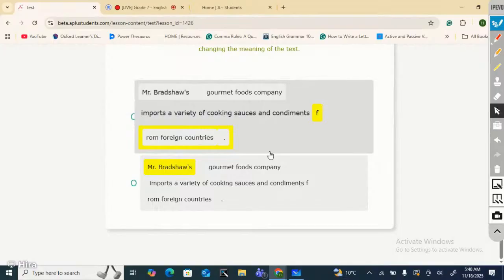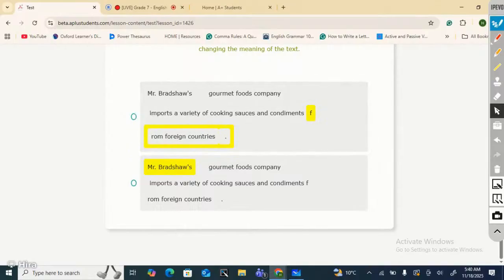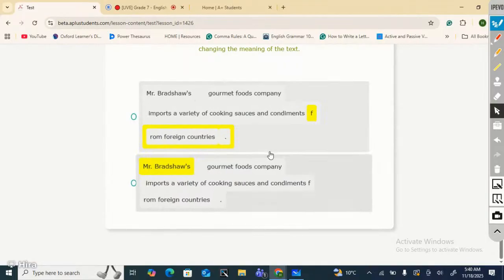Mr. Bradshaw's Gourmet Foods Company imports a variety of cooking sauces and condiments from foreign countries. Option one, option two. It's really easy. Option two says Mr. Bradshaw's.